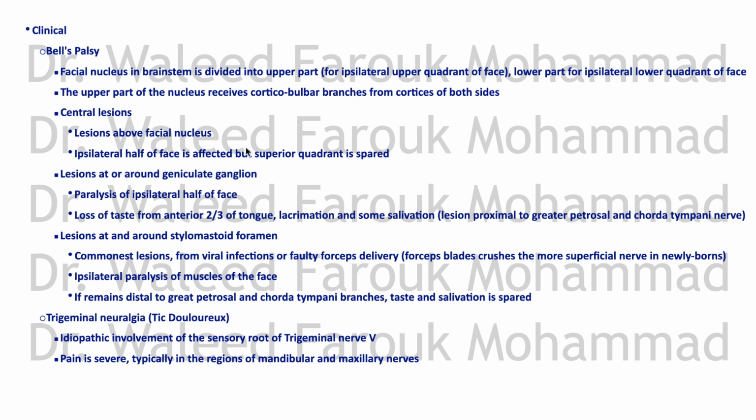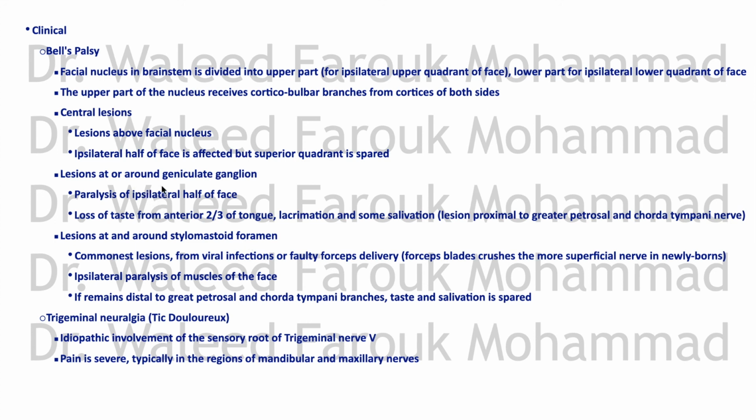For example, there are central lesions, meaning from the centers down to the facial nuclei, so above the level of the facial nuclei. Let's say another lesion is at or around the geniculate ganglion, the one that the facial nerve forms in the middle ear. We will get to these details in the ear. Don't worry about that. Or a lesion around the stylomastoid foramen where it emerges.